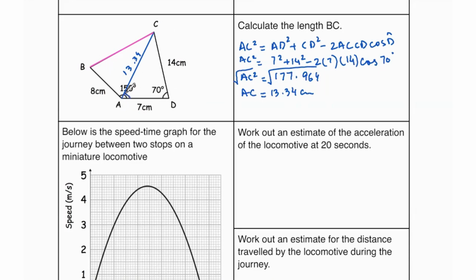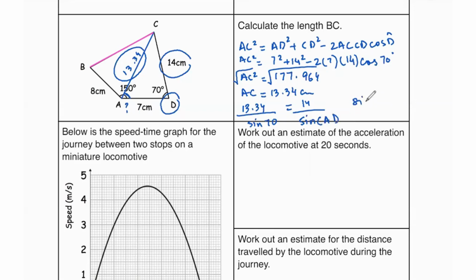So to find this angle over here, I'm going to use sine rule because we have one complete set of angle and length, and we can use this set to find the missing angle. So it's going to be 13.34 over sine 70 equals 14 over sine of angle CAD.